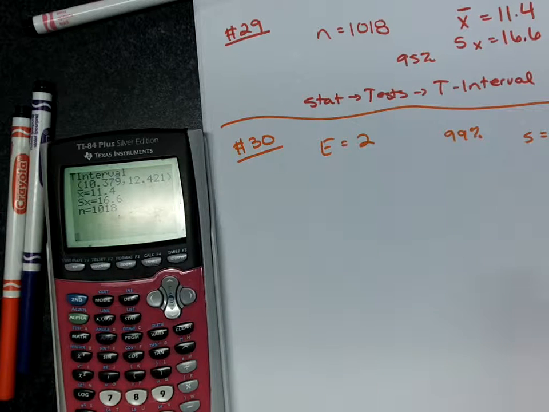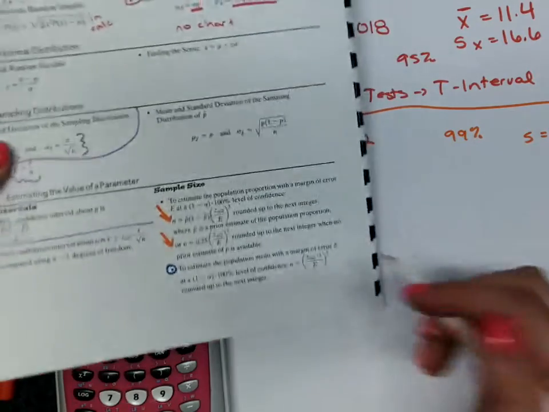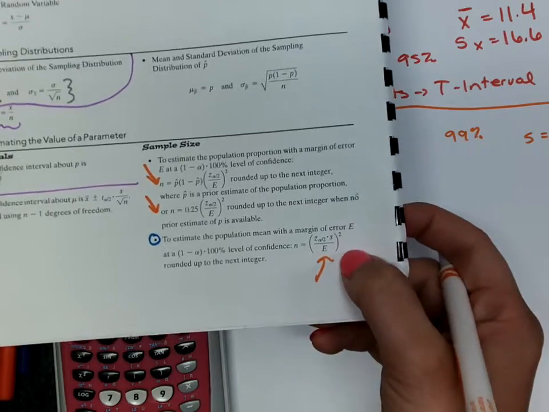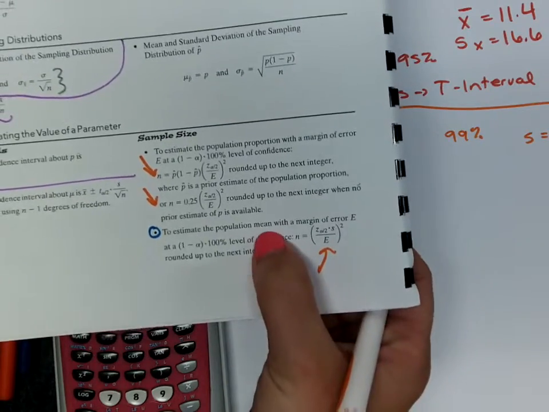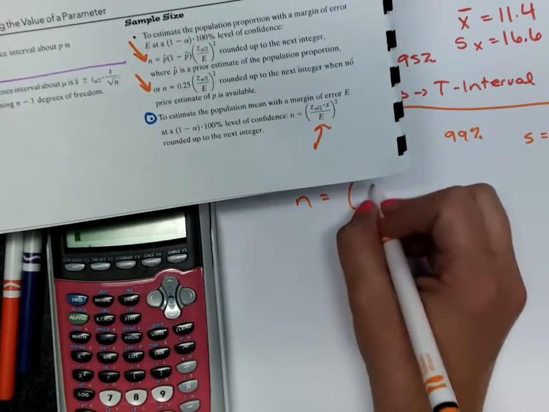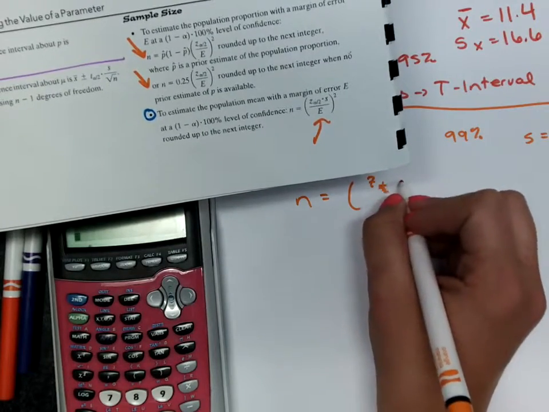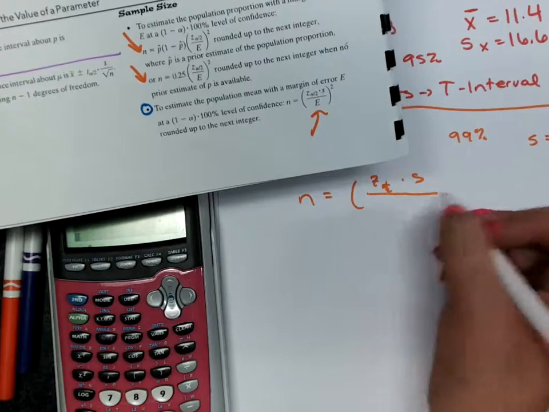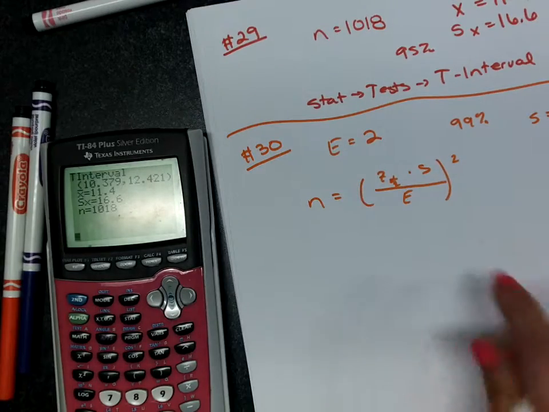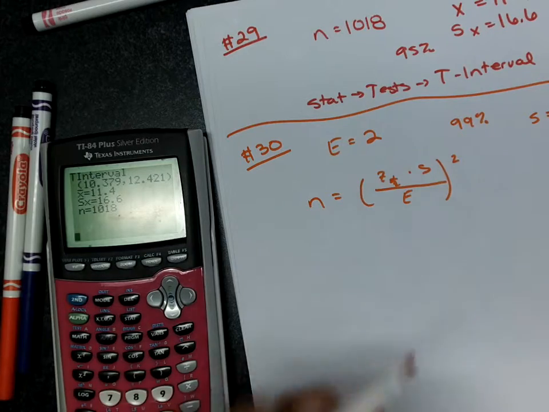So for 99% confidence, we're going to use what they gave us here to estimate it for a population mean. So I'm going to write that down. N equals Z times S over E, the whole thing squared. So Z, we're going to use 99% confidence.